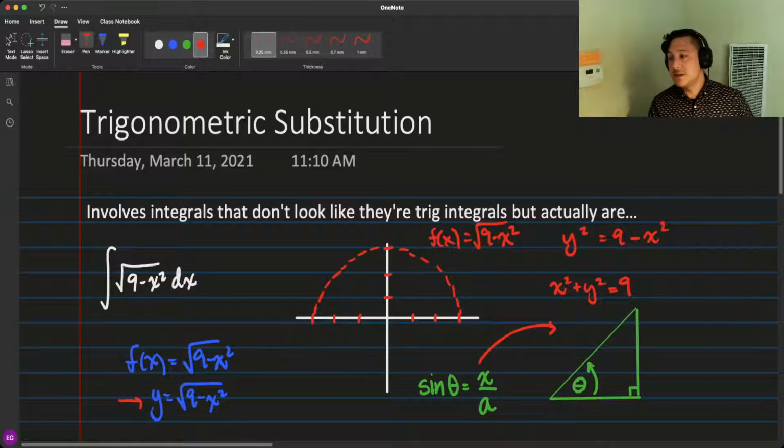Well, it already is a right triangle, but I'm saying if sine of theta equals x over a, what can you do? Awesome. And what else? Awesome, thank you.